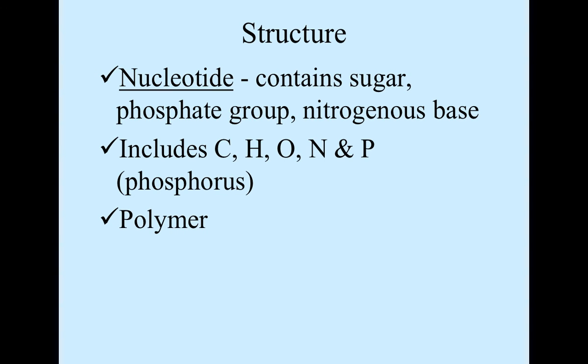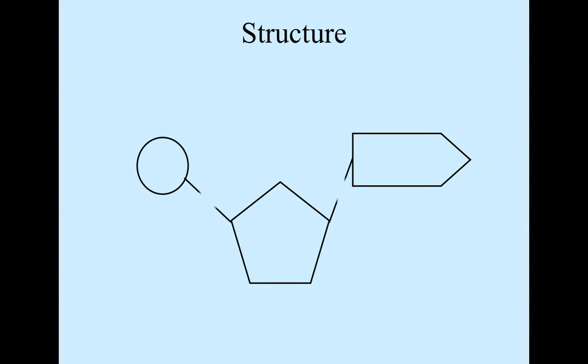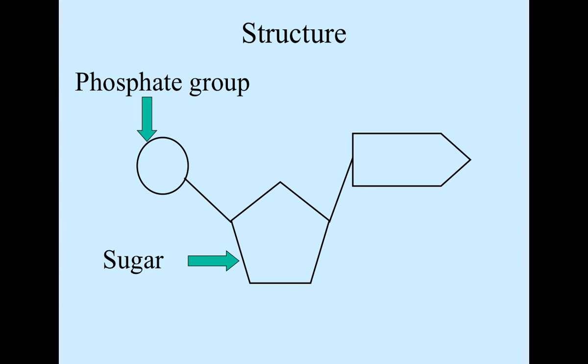This exists in a polymer form, so the nucleotide is the monomer form, but when we put it together to actually make a nucleic acid, it is a polymer form. If we take a look at the monomer itself, so you guys have this on your chart, this is the phosphate group, this is the sugar, and that's going to depend on what type of nucleic acid we have, and that is the nitrogenous base.